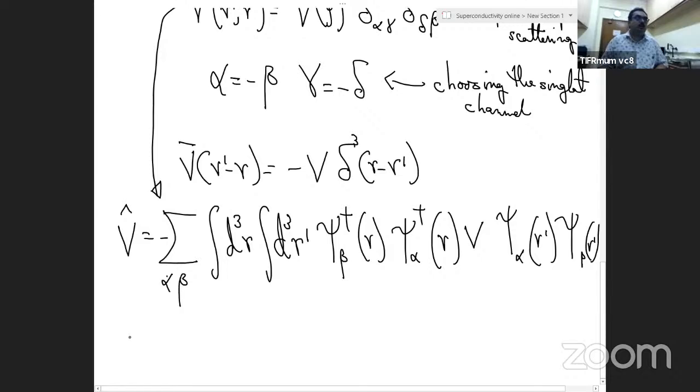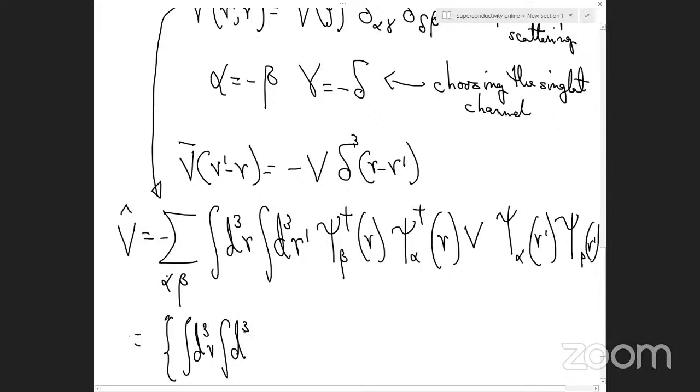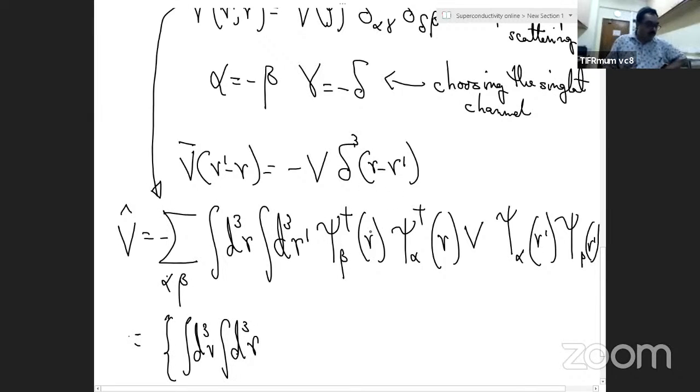All right. So now this thing, if I write in longhand, you have alpha equals minus beta, but you still have to allow for two possibilities, up down and down up. Sir, where does the delta function go?